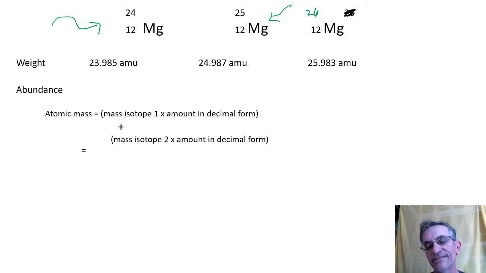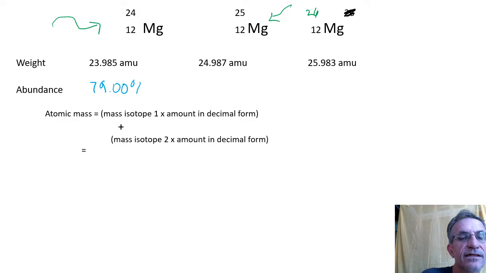So every form weighs a little bit different amount, and it turns out some forms of magnesium are more common than other forms. So if you gather up a bunch of magnesium in the universe, you will find that about 79% of all the magnesium in the universe is magnesium-24.